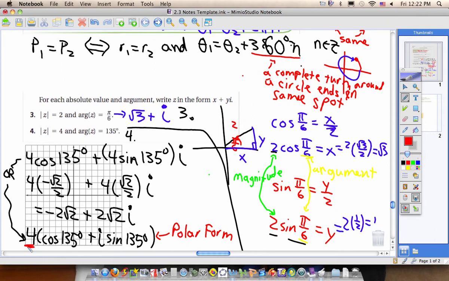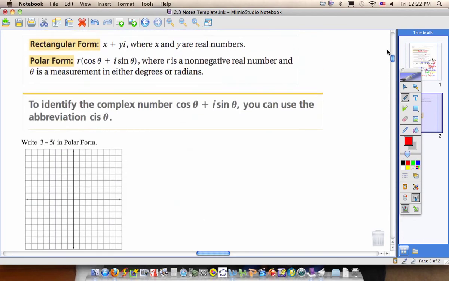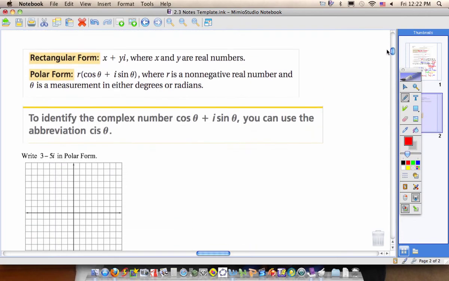As you can see here, magnitude is written out in front, and then you have cosine of your argument plus i sine of your argument. Any questions so far?